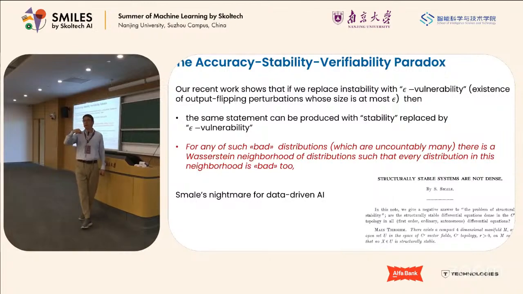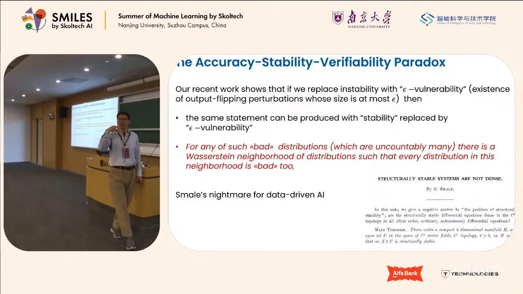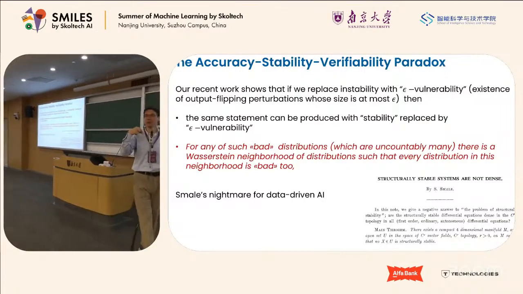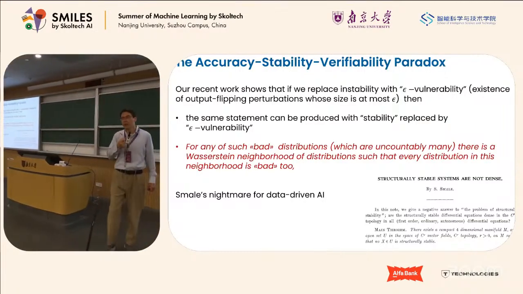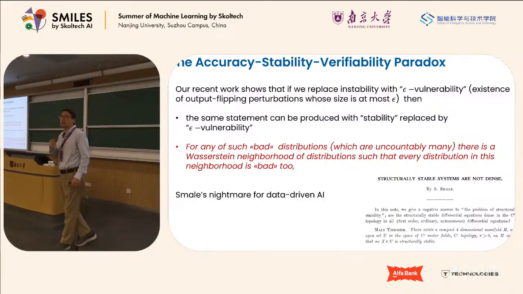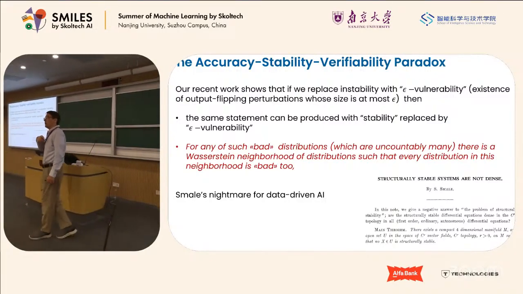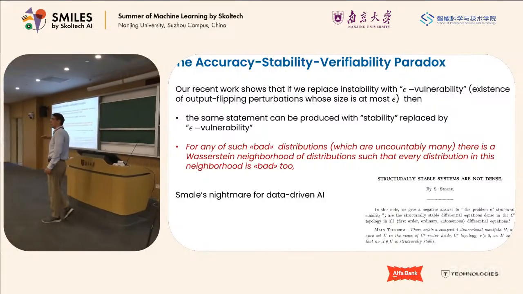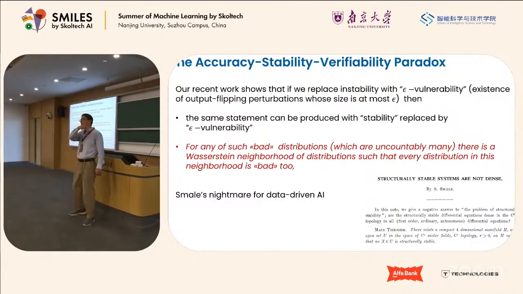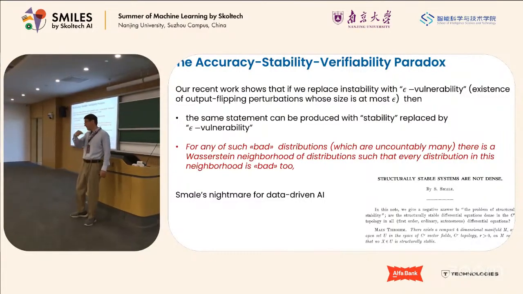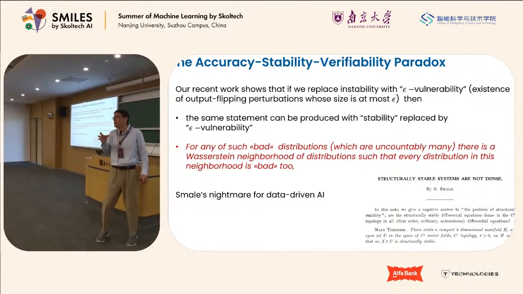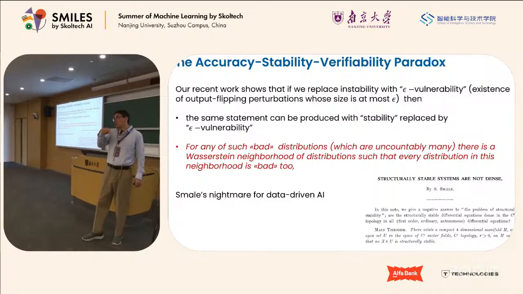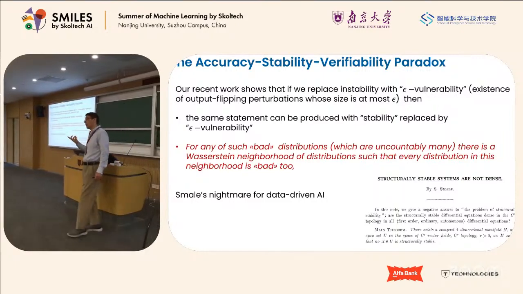If I relax the problem just a little bit, instead of asking for stability, I'll ask for some non-robustness up to epsilon or delta. In this setting, for every distribution, which are uncountably many, there will be a small neighborhood of other distributions for which the same unfortunate property will hold true.